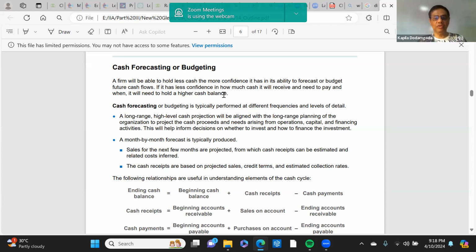Obviously, when you do cash forecasting, you can do it at different levels and different frequencies.